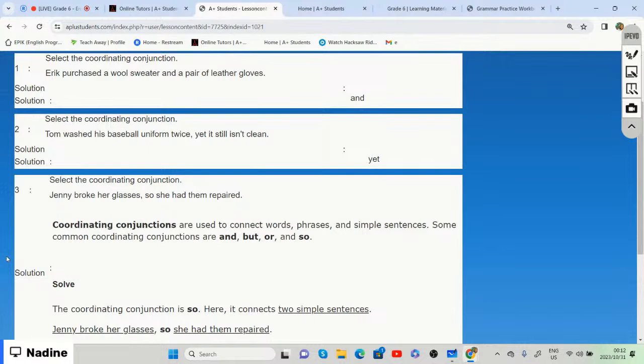For example, with the words Jack and Jill, the word and is a coordinating conjunction.